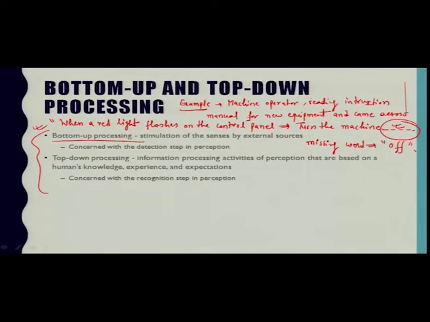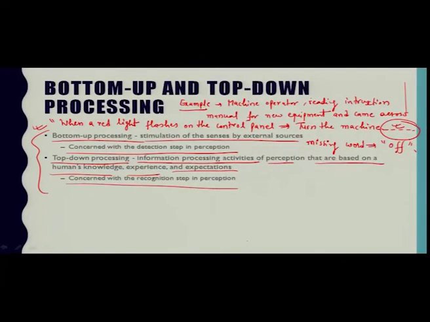Bottom up processing is stimulus of the senses by external sources, and it is concerned with the detection step in perception. Top down processing is the information processing activities of perception that are based on a human's knowledge, experience and expectations. It is concerned with the recognition step in perception.